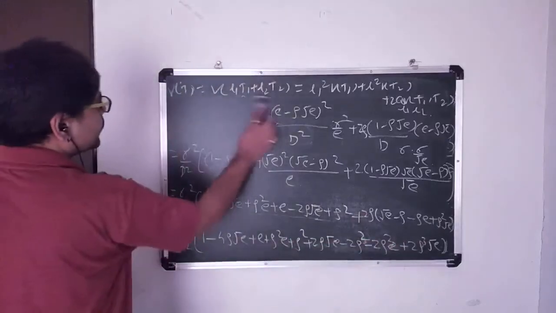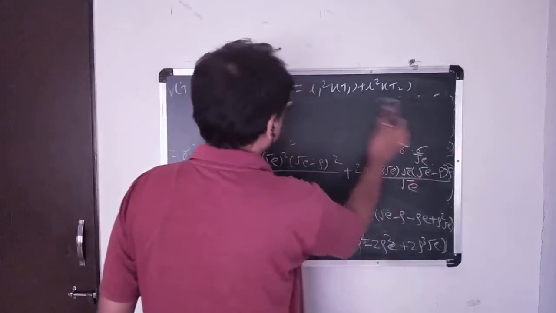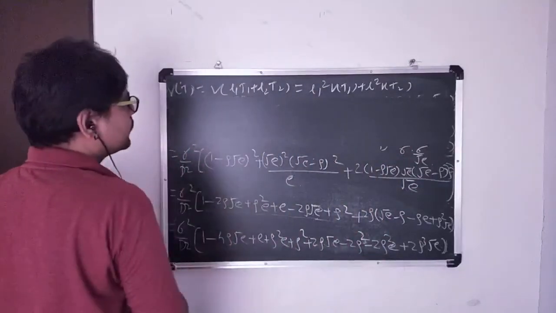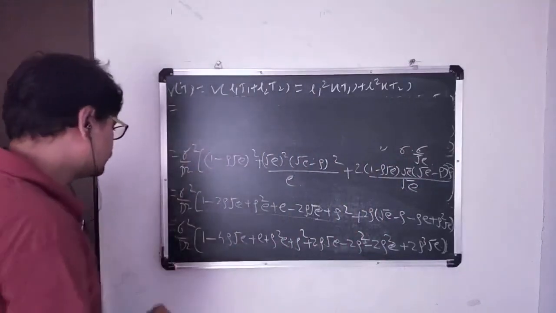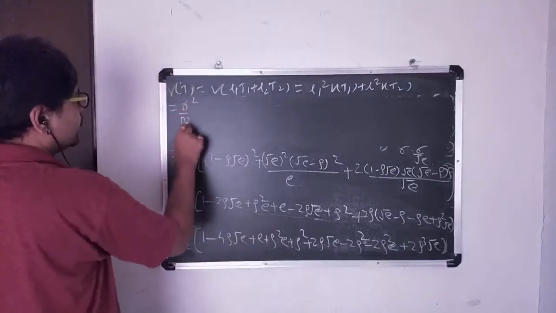So now we will simplify it. So variance of T is sigma square upon D square.